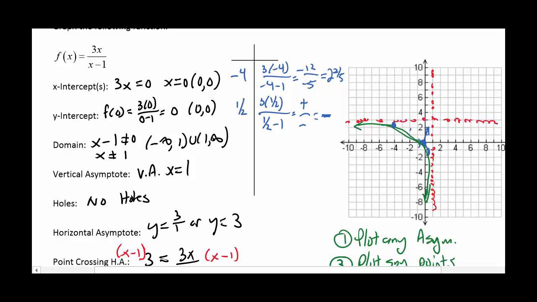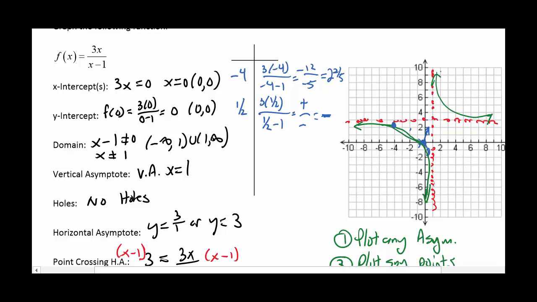Now, the next thing I'm going to claim is that I know it cannot do that. I want you to think, how do I know it can't do that? Well, remember we looked at all the places it crosses the x-axis, and nothing on that side showed up, which means it has to be in this top corner here.